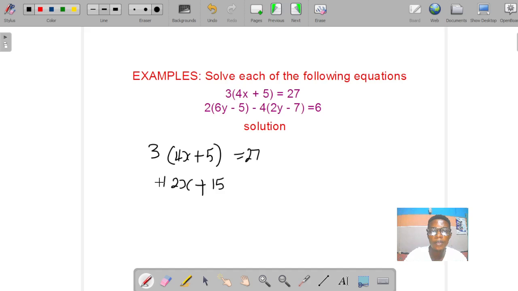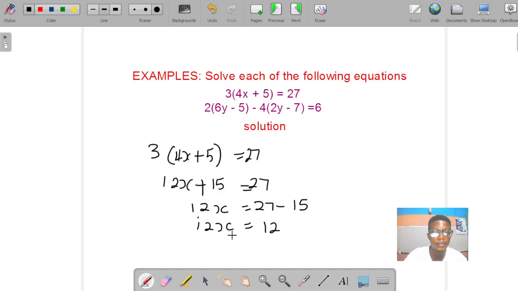Now, I will no longer have my bracket because I've opened it by multiplying by 3, so 12x + 15 = 27. Next, I need to group the like terms, that is, collecting your like terms. I'll leave my 12x on the left-hand side and bring this plus 15 down to the other side. When you bring it over, it becomes negative 15. So this becomes 12x = 27 - 15, and 27 minus 15 is 12.